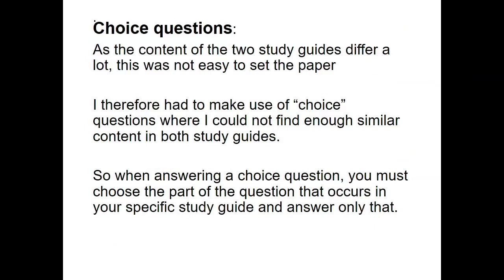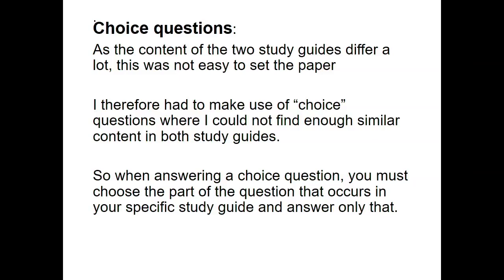Choice questions. As the content of the 2 study guides differ a lot, this was not easy to set up the paper. I therefore had to make use of choice questions, where I could not find enough similar content in both study guides. So when answering a choice question, you must choose the part of the question that occurs in your specific study guide of your course, and you only answer that one.